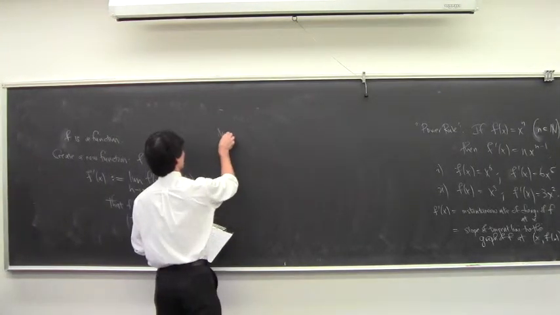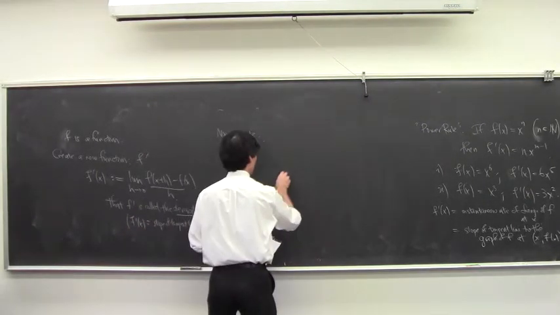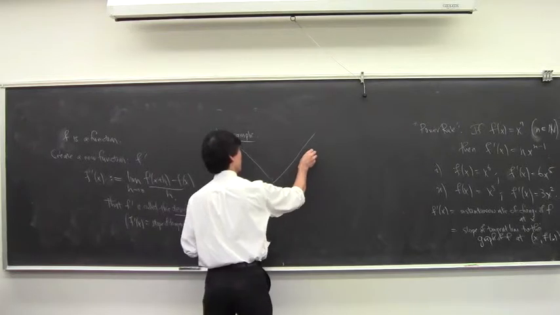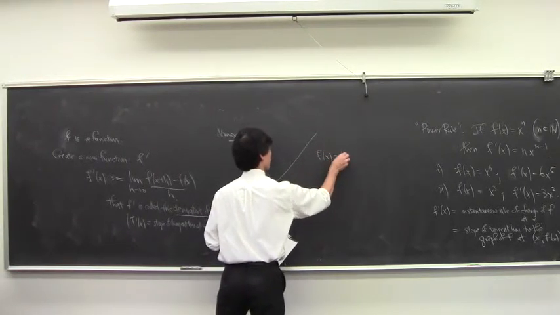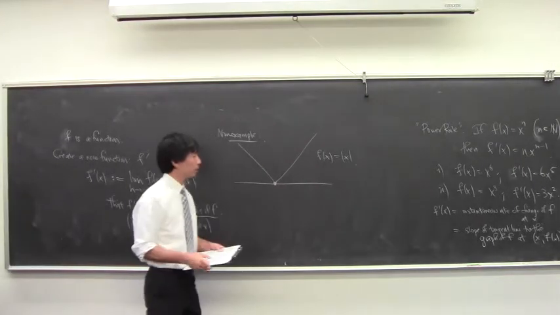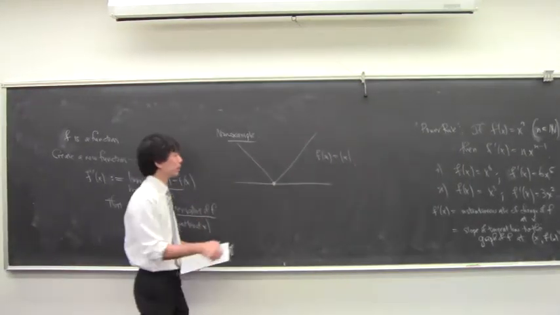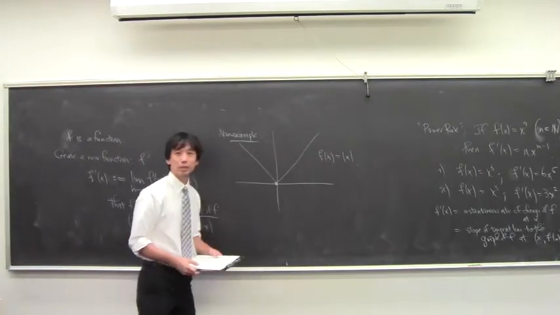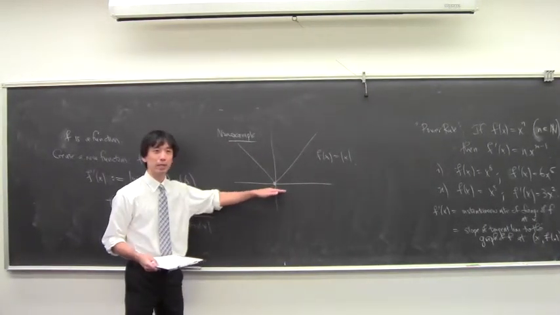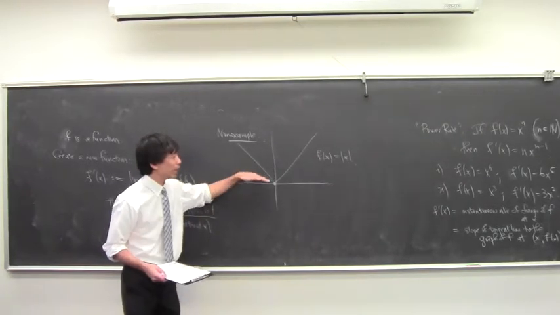Let me give a non-example. If we look at, for example, the absolute value function, and I say, what's the slope of the tangent line at 0? What do you say to that? Well, it's sort of problematic, right?